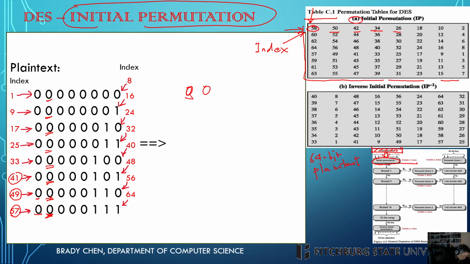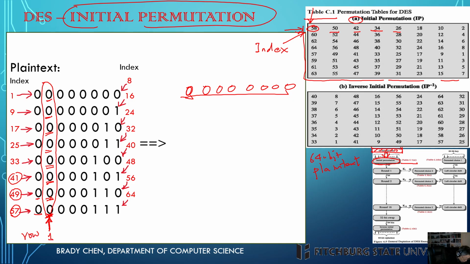So if you look at the original plain text, the second column from bottom up will be moved to the first row after the initial permutation. So these are all 0. That's going to be row number 1.